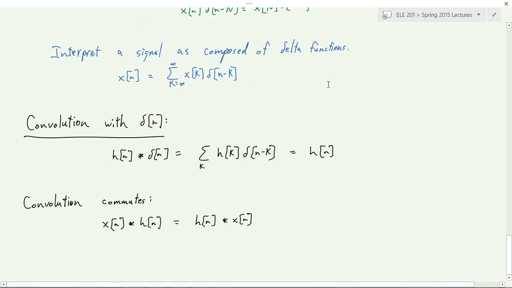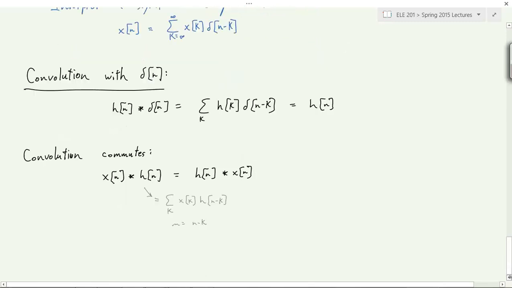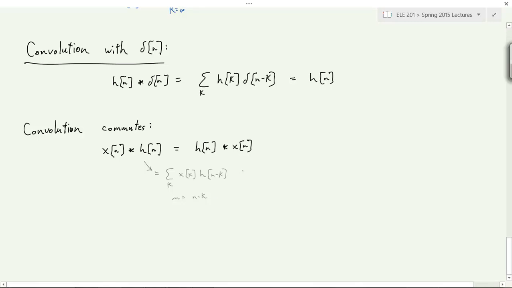To check that, we just plug in the formula. So that equals the sum over k of x of k h of n minus k. And what we can do is just change variables and let m equal n minus k. Now, since we're summing over k, the order of the limits of the sum doesn't matter.